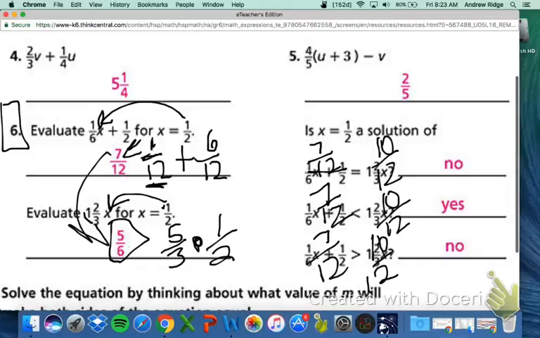Okay, is 10/12 equal to 7/12? No. Is 7/12 less than 10/12? Yes. Is 7/12 greater than 10/12? No. So yes is the only one that 1/2 is a solution for.